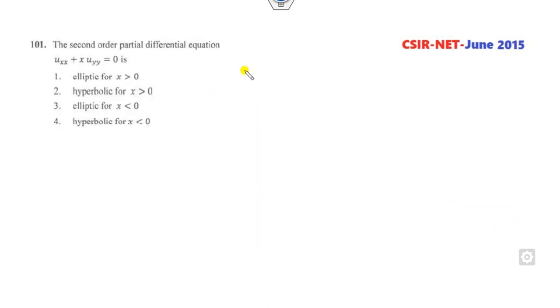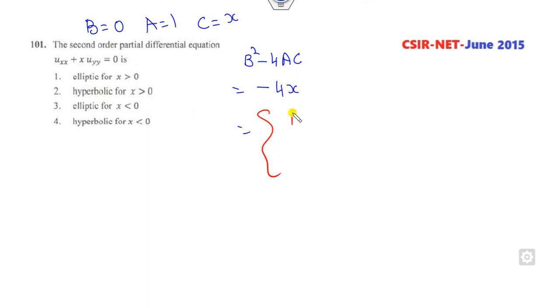Okay, they are talking about elliptical, parabolic, so we have to find the b square minus 4ac. What is b? It is x, a is 1, c is x, and so it is minus 4x. So how can we find the solution? It is parabolic, hyperbolic, or elliptical. Parabolic only when x is equal to 0, because we need 0.